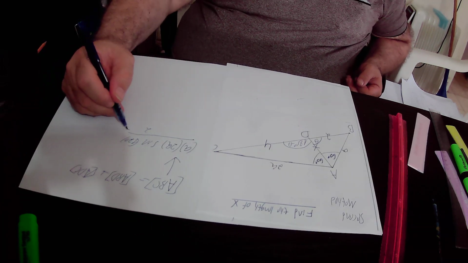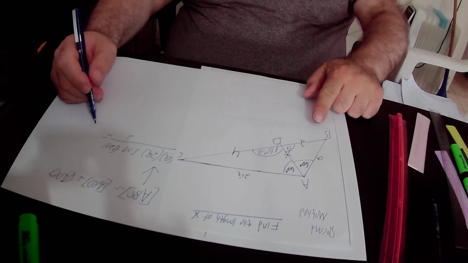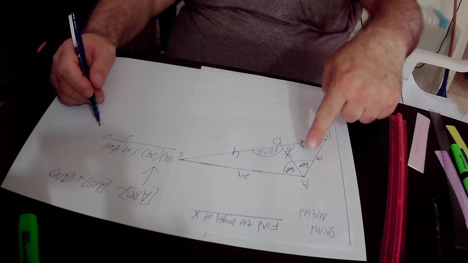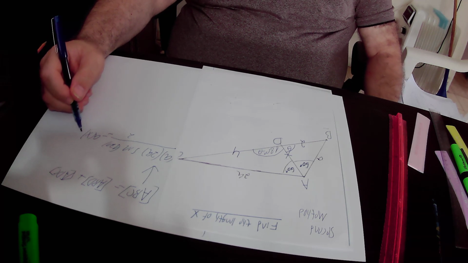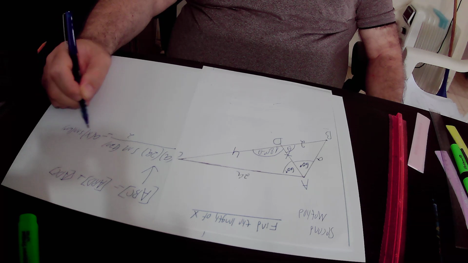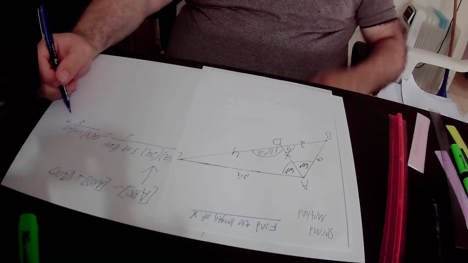Likewise, we will calculate the area of the small triangle, triangle ABD, according to the new formula. According to the new formula, the area of triangle ABD is equal to A times X times sine 60 degrees over 2, plus the area of triangle ADC.